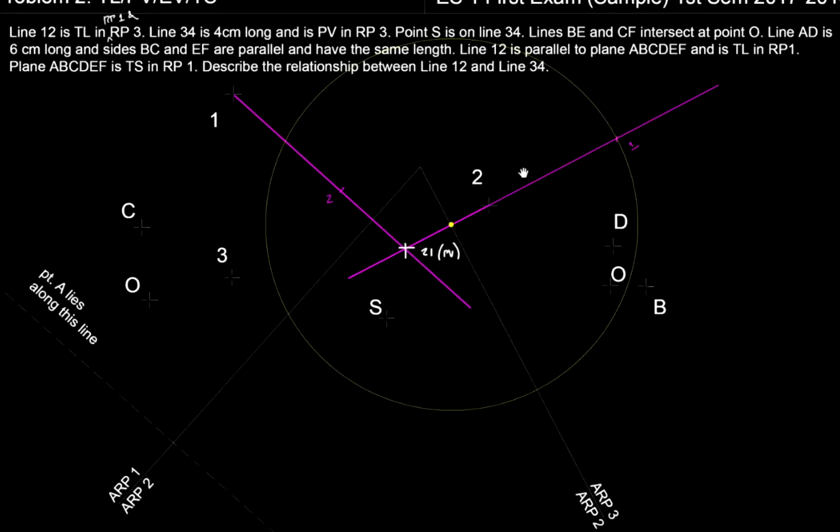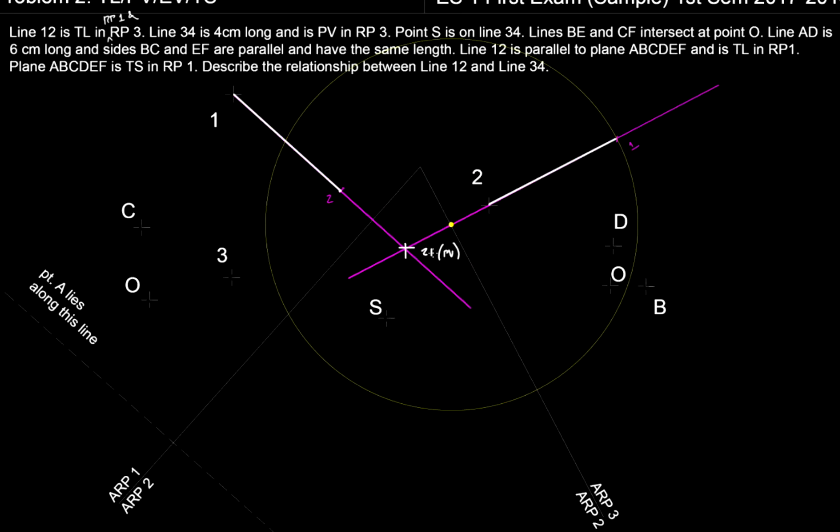If I were to do the final answer, it would look like this. I'll use white. This is line 1, 2 shown in ARP1, and this is line 1, 2 shown in ARP3. So the first part is fairly simple.